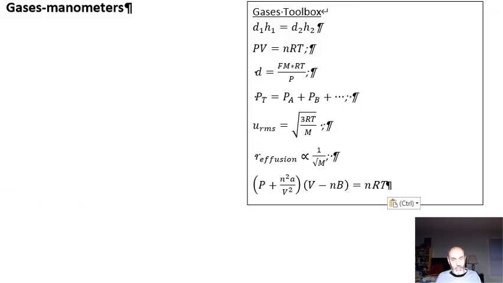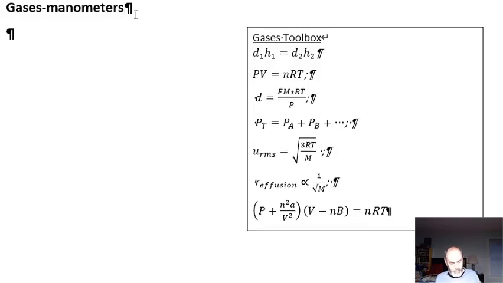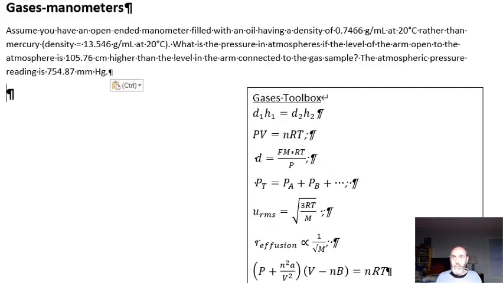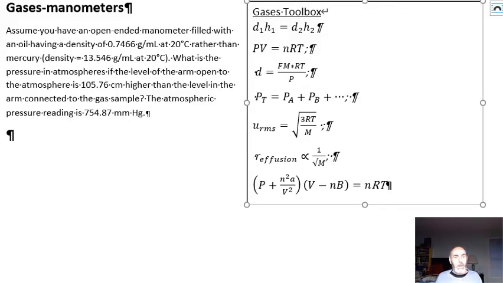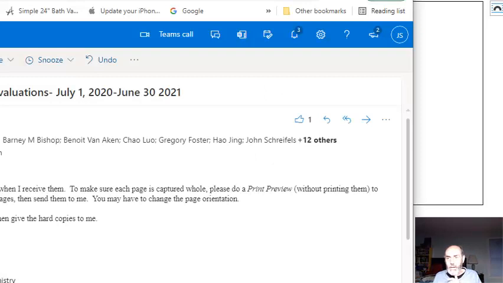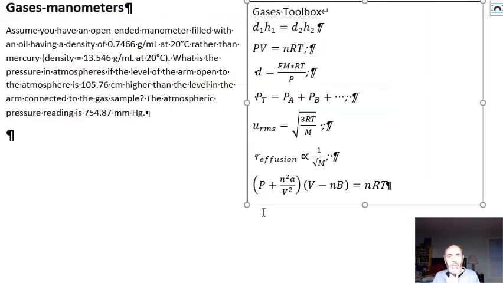So let's try it with a manometer problem. So we have that, and we kind of do an inventory of what the problem is telling us. You have a keyword, open-ended manometer, so that tells us that we need the first relationship.